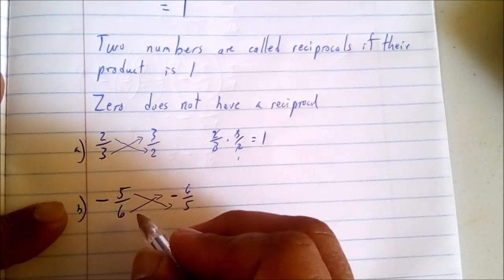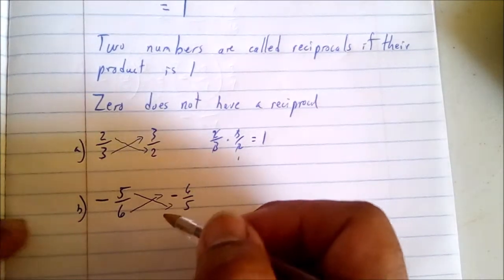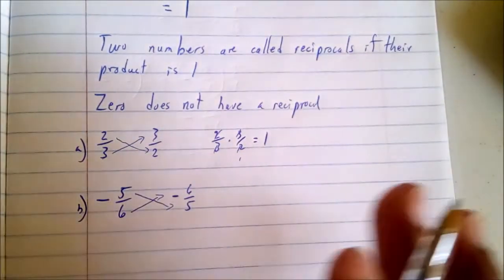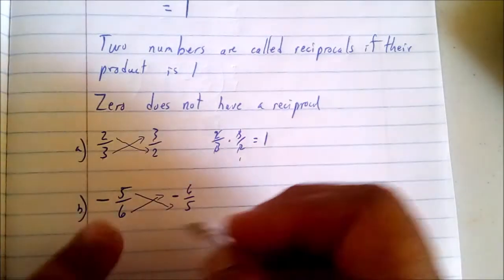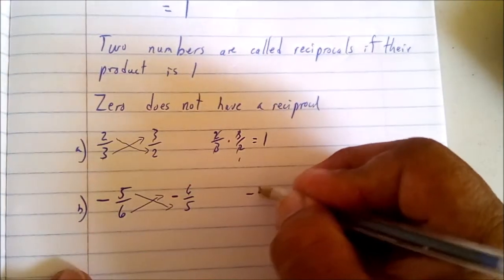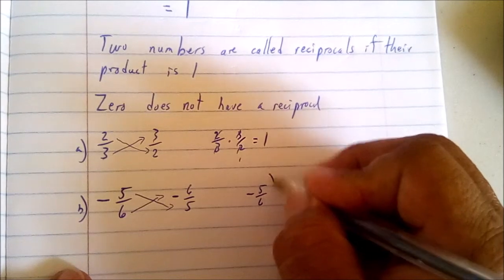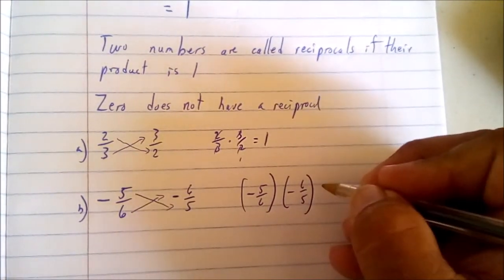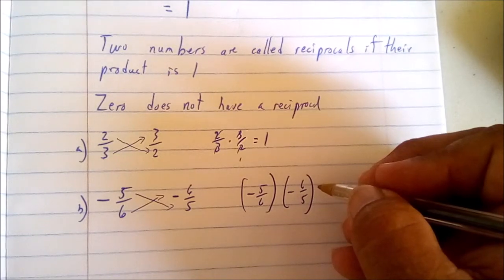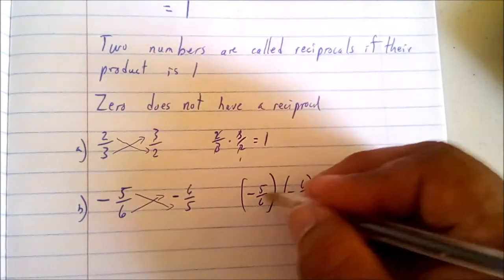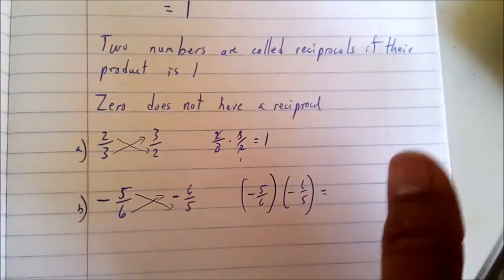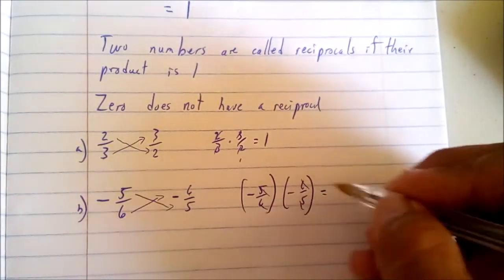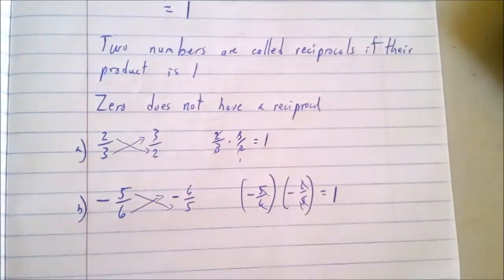Once we have inverted, we can say that that's the reciprocal. Now, to prove it, let's multiply it out: negative 5/6 times negative 6/5. The product of two fractions with like signs is positive, so the negative goes away. The 5s and 6s cancel out, giving us 1.